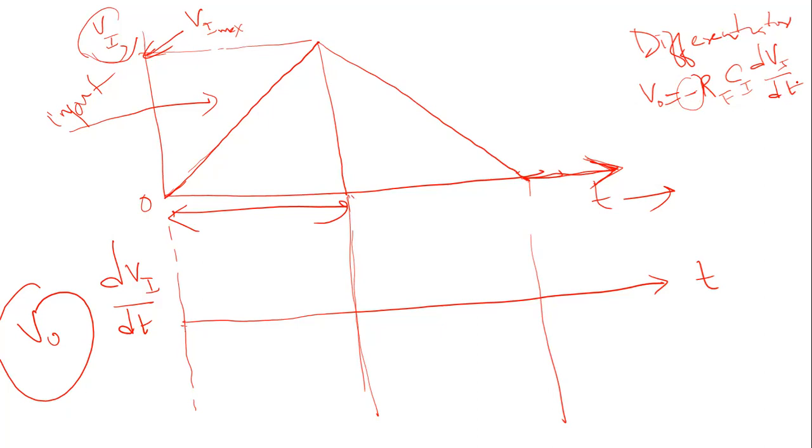Even though between this interval it is a positive slope, because with the increase of time you have an increase in Vi, dVi upon dt itself will be a certain positive constant. But because of the inverting property here, it will result in a certain negative constant.